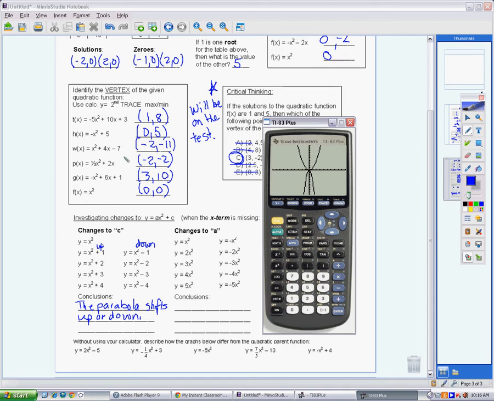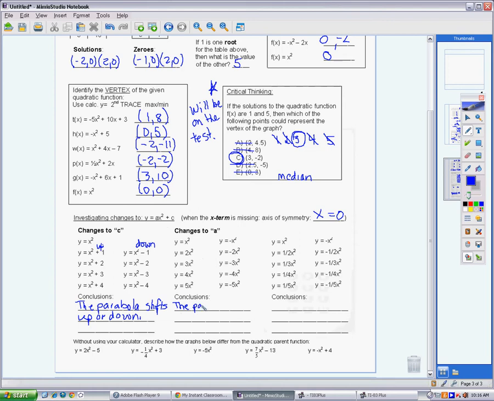So the conclusions that we can make is the parabola becomes more narrow, and this is the terminology used in STAAR, and the negative reflects over the x-axis. Okay, so that negative does have an effect. It flips it over the x-axis.